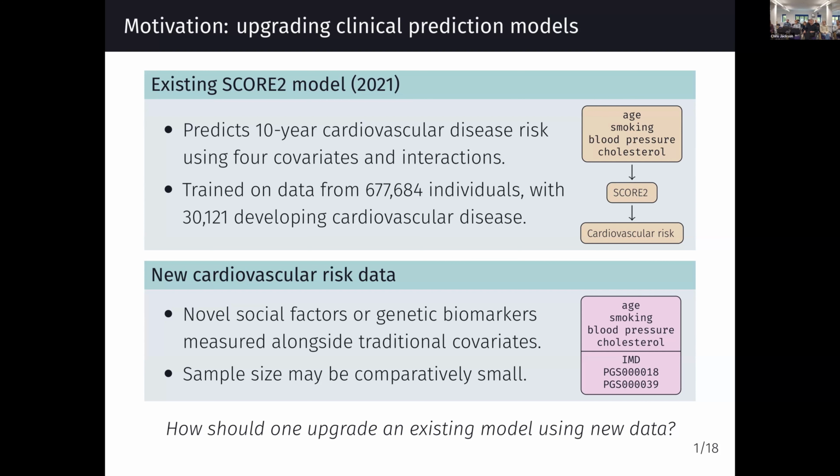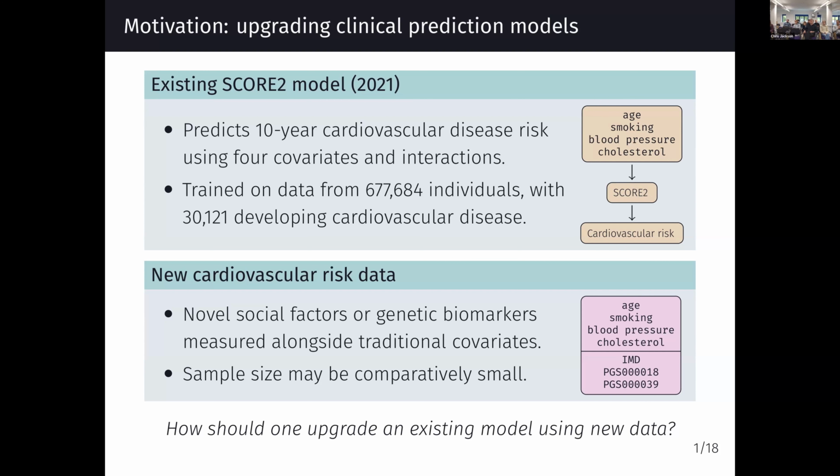So what do people do at the moment in this kind of setting? This is quite an easy question to answer, because several papers have already been published on exactly this problem of updating the SCORE2 model in the last few years. For example, people have studied adding measures of kidney disease as new covariates.